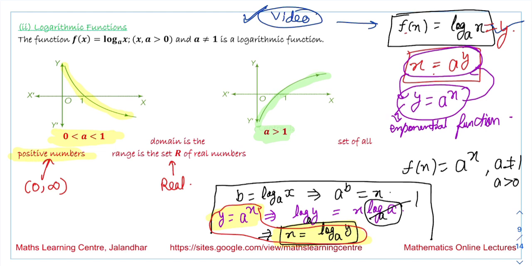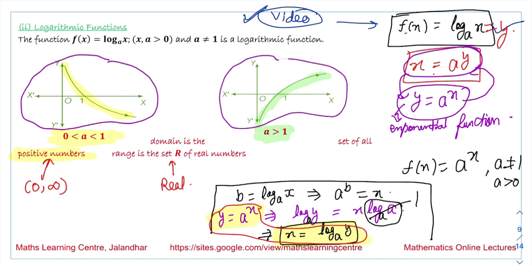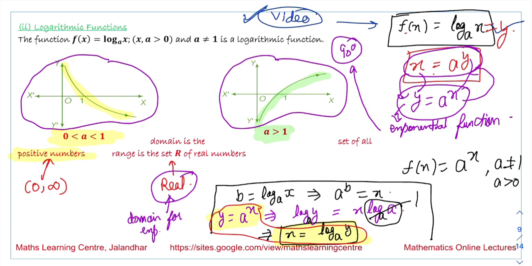So the graphs are obtained by replacing the x-axis with the y-axis. These values of x and y are interchanged. So these graphs are just obtained by rotating the graph of the exponential function by 90 degrees. The domain of the exponential function was the set of real numbers.